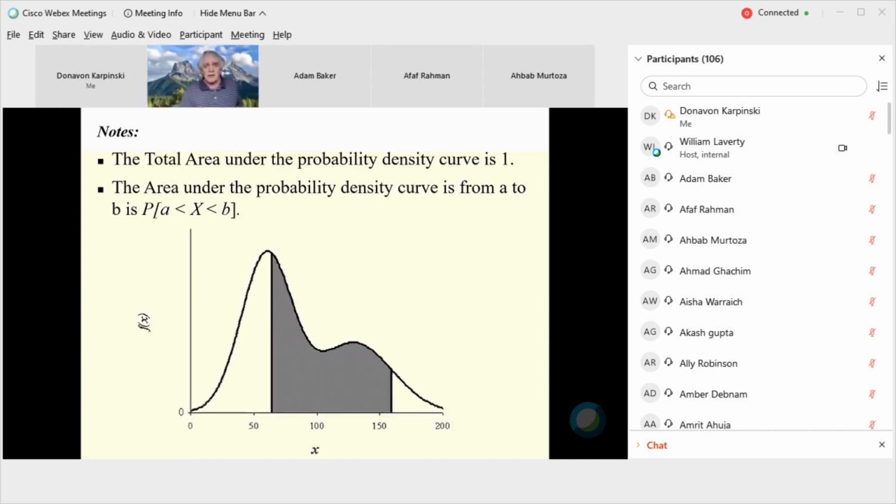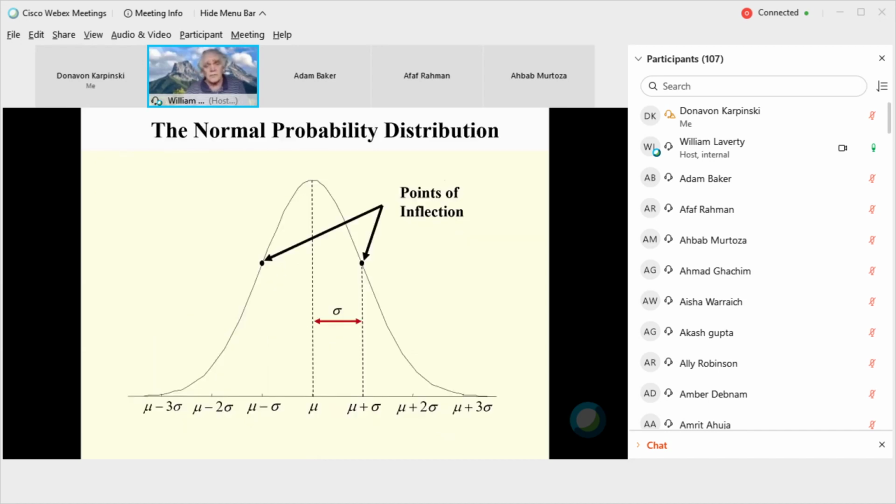The total area under a probability density curve is 1, and the probability between 2 points is the area under the curve between those 2 points. The normal probability distribution is probably the most common distribution we come across.